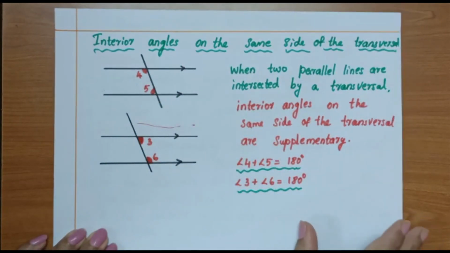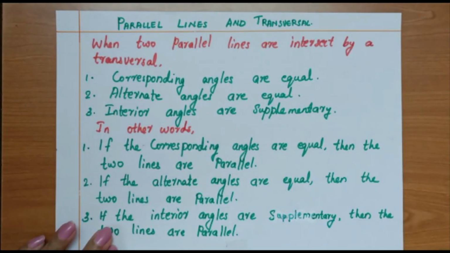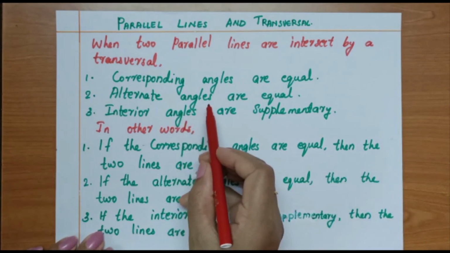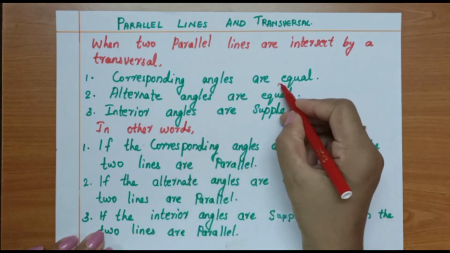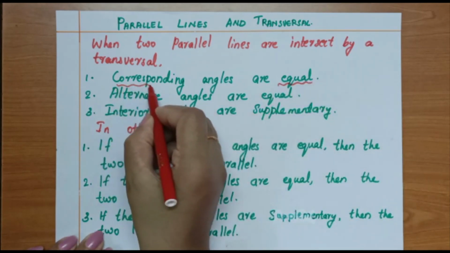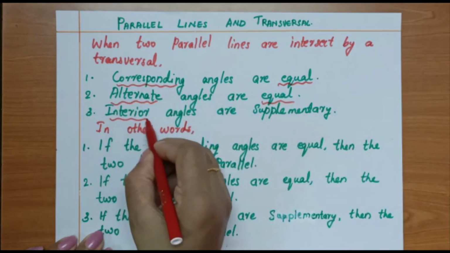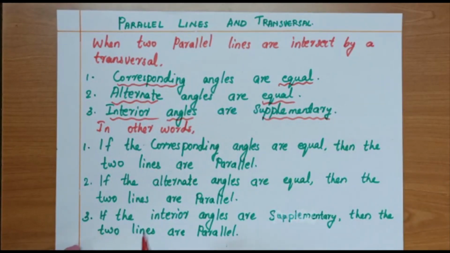So we can conclude that when two parallel lines are intersected by a transversal, corresponding angles are equal, alternate angles are equal, interior angles are supplementary. Or the other way we can say that if the corresponding angles are equal, then the two lines are parallel.